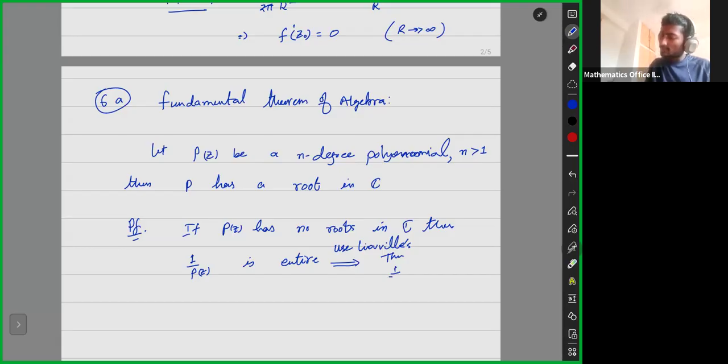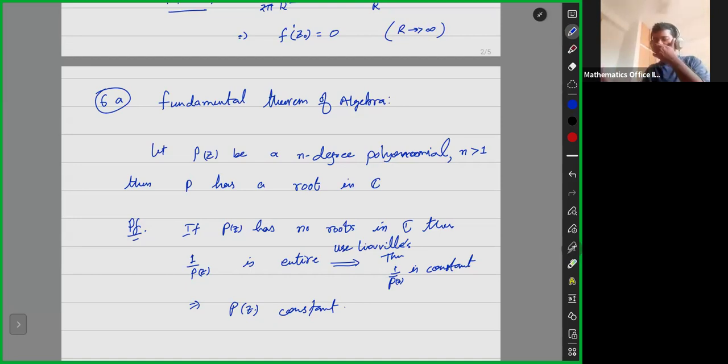This will imply p z is constant. So actually, the idea of how to use Liouville's theorem is we have to show p z is bounded, 1 upon p z bounded.